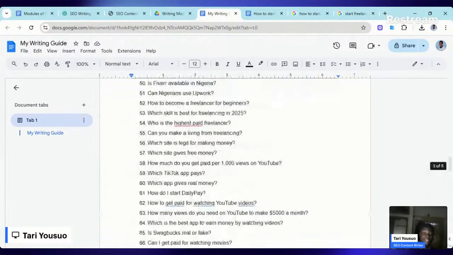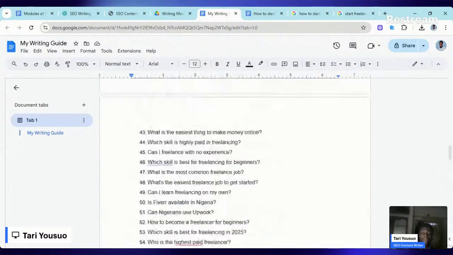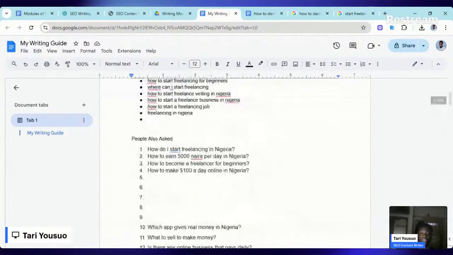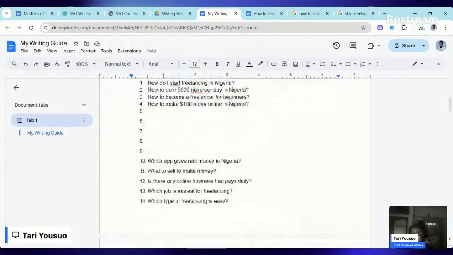But here's the thing, it is better to write more than to write less. So if you are not sure if you should discard any of the People Also Ask questions, then just add it to your article. As you grow with time, you tend to know, okay, this is what I should add and this is what I shouldn't add to my article.